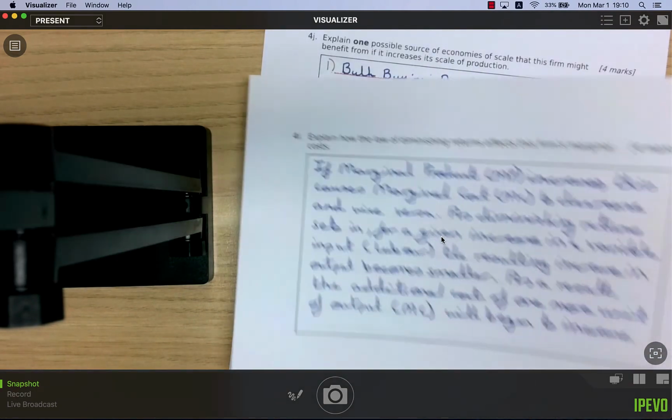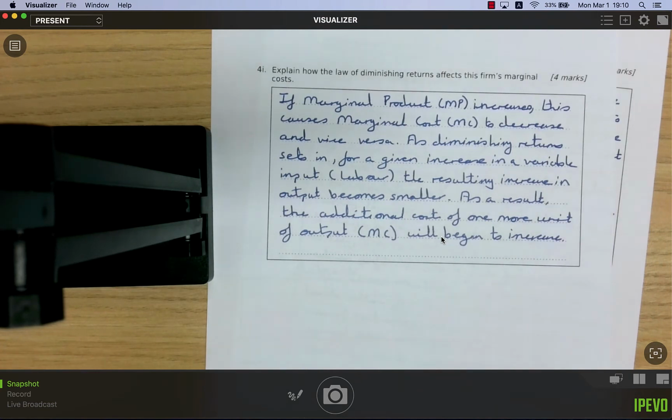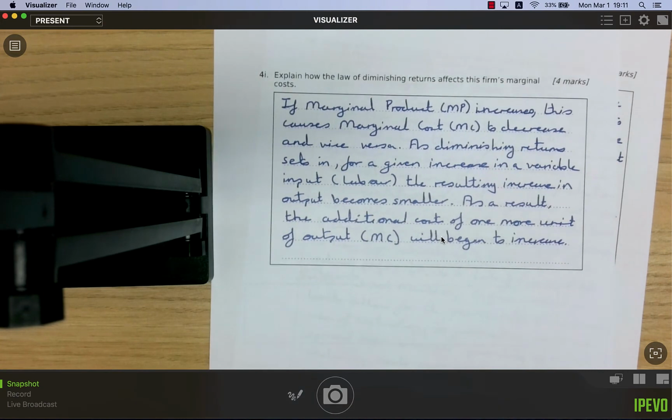4I, explain the law of diminishing returns. Explain how the law of diminishing returns affects the firm's marginal costs. Okay, well, if marginal product MP increases, this causes marginal cost to decrease, and vice versa. Your costs fall when efficiency rises.